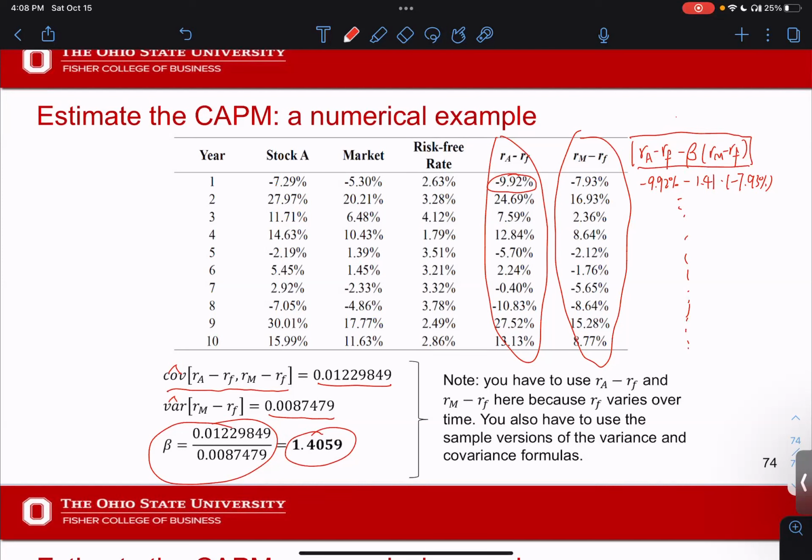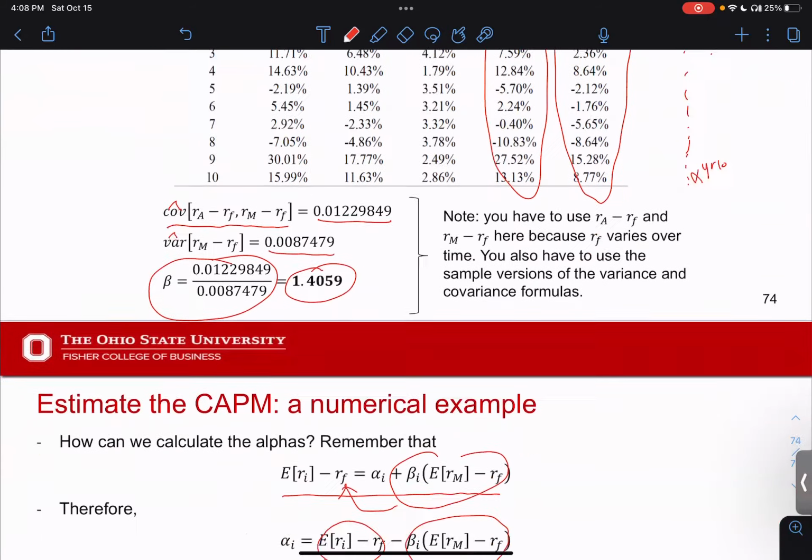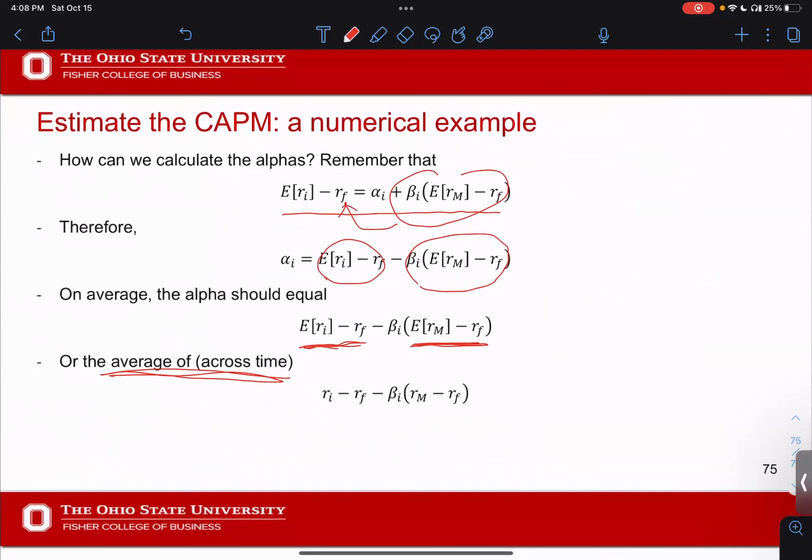This is not your beta, it's actually your alpha. The first one will be alpha year 1, and then you get alpha year 2, all the way to alpha year 10. And for the final alpha, like the intercept of the regression, you take the average. The alpha is just the average from year 1 to year 10.